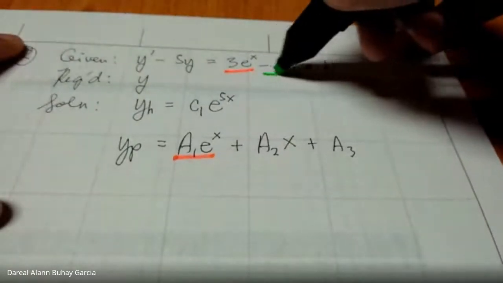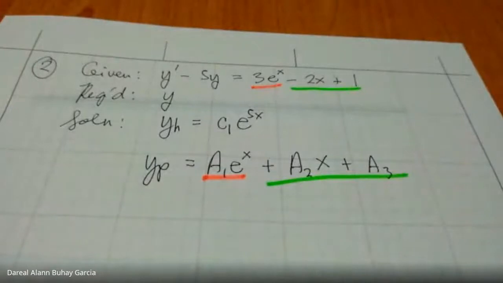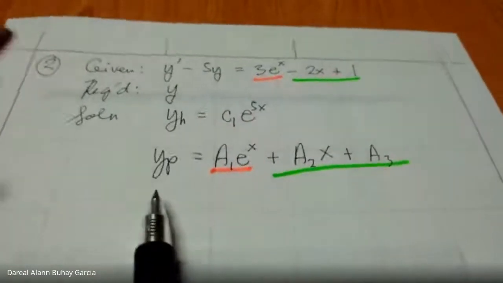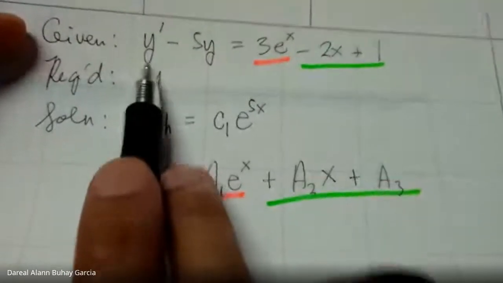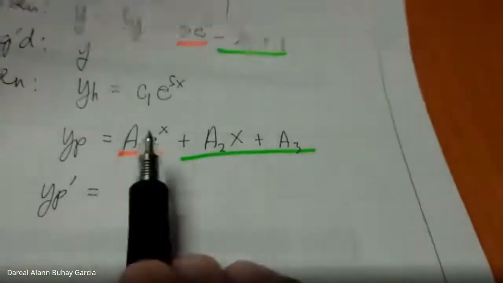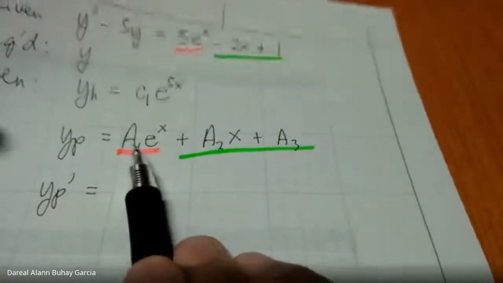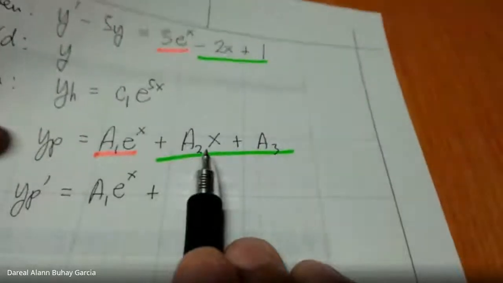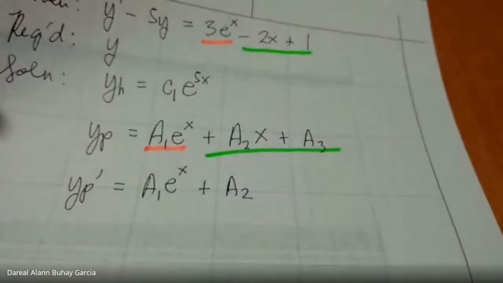It is first order only. Right. At least, let us show the first derivative, yp prime. So what is the first derivative of this? A1 e to the power of x plus, the first derivative of the polynomial part is A2. I think that's all.